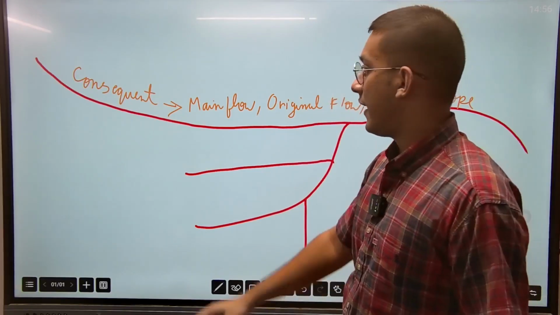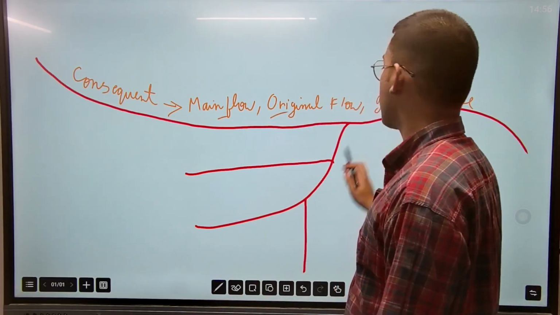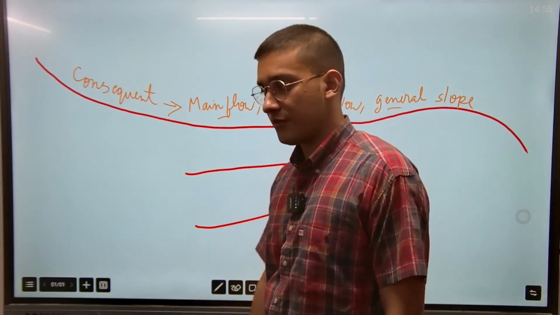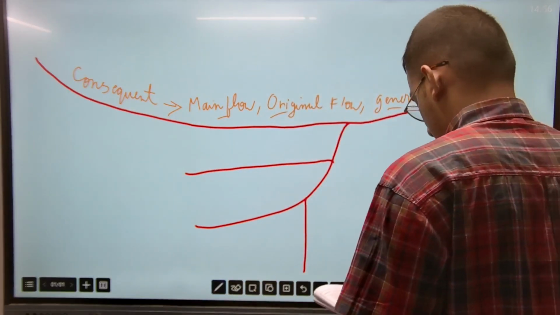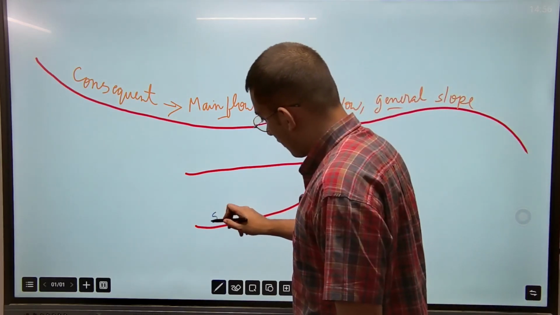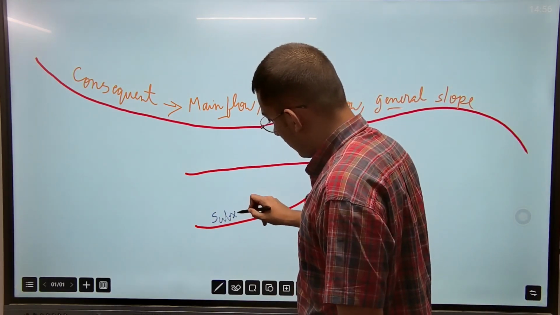Whenever you find words like main flow, original flow, or general slope, rest assured the answer will be consequent river flow. Right? Now subsequent. Subsequent is this river.